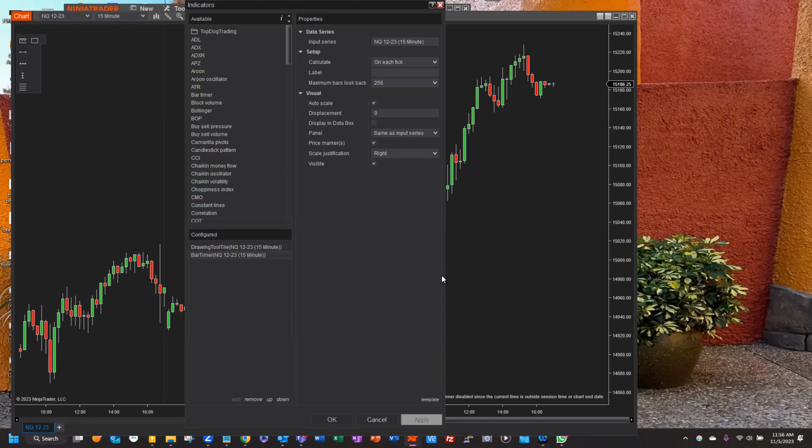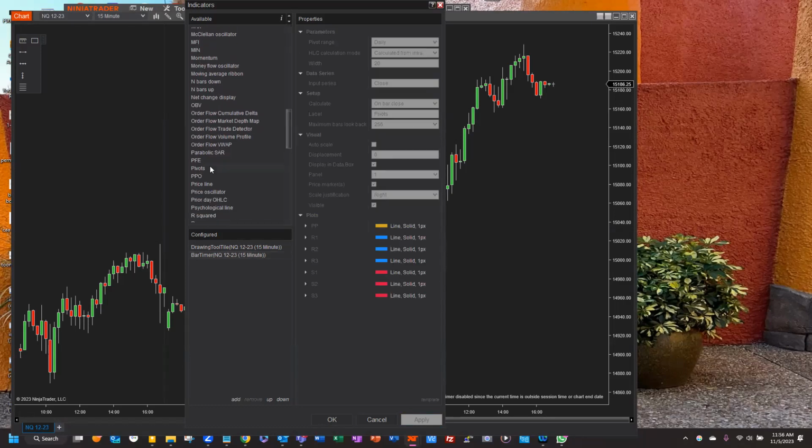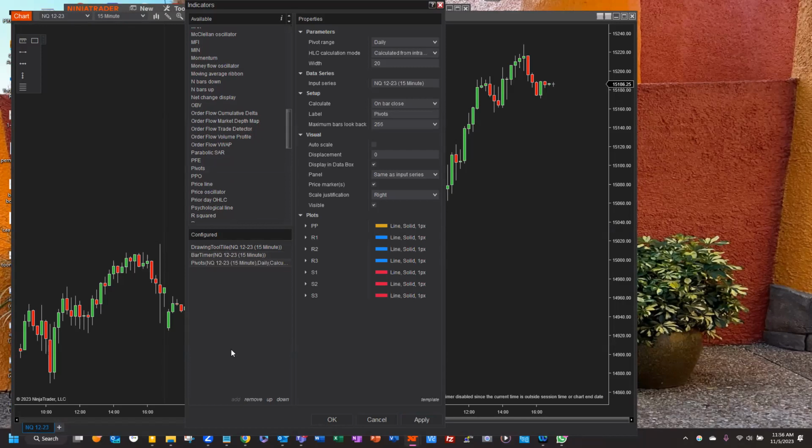Now we want to do pivots. So find pivots on the upper left. There it is. Erase your label on the right. Apply that. Just apply. Okay. Fibonacci pivot.